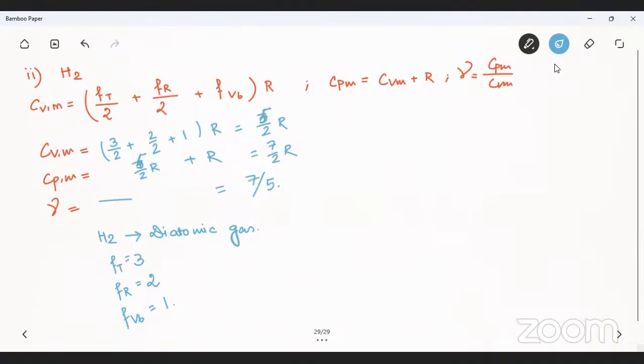Just calculate the degrees of freedom, rotational, translational, vibrational, as I have told you, and then you will be getting the answer. Is this part okay to everyone?